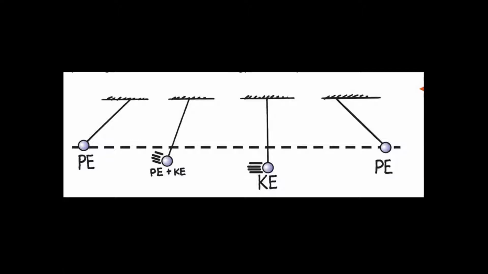Then when it's straight down, all of the potential energy will have been converted to kinetic energy, and then it's going to become potential energy again. So it's going to start the cycle all over again. If you go from potential energy on the left to potential energy on the right, there's no energy loss. There's no energy converted to heat.